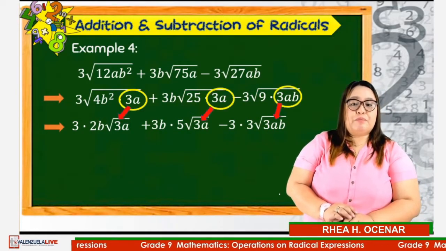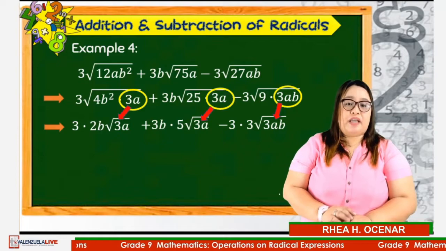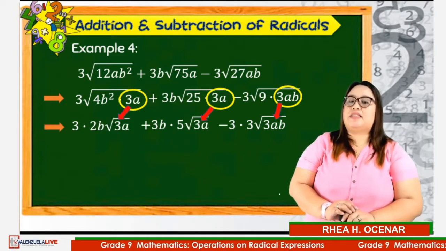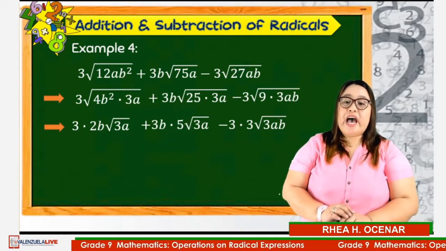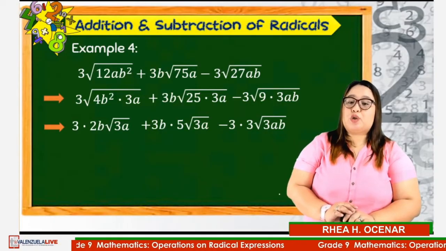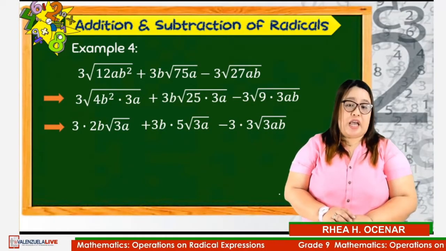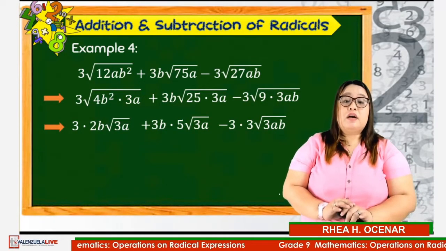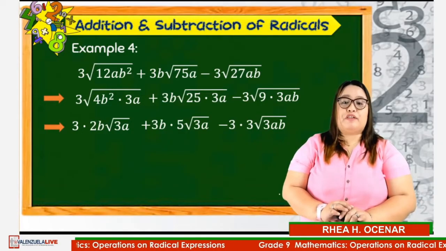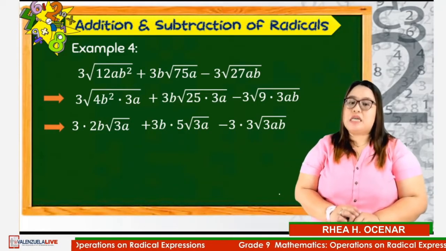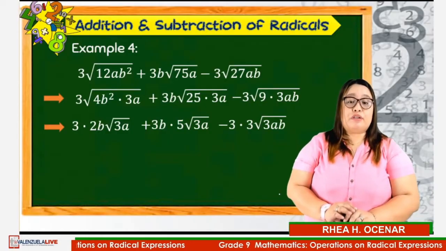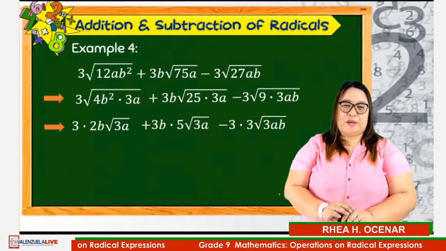And the non-perfect square will remain inside the radical sign. We have 3 times 2b square root of 3a plus 3b times 5 square root of 3a minus 3 times 3 square root of 3ab.